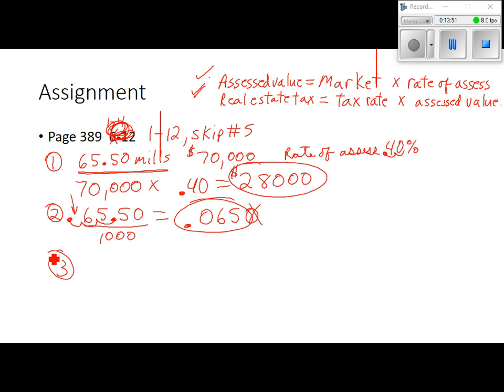Number 3, find the real estate tax. That's where we're going to use this second formula right here. So the real estate tax, we just take the tax rate, which is that 0.065 that we just found, and we're going to times it by the answer that we got in the first part up here, the 28,000.